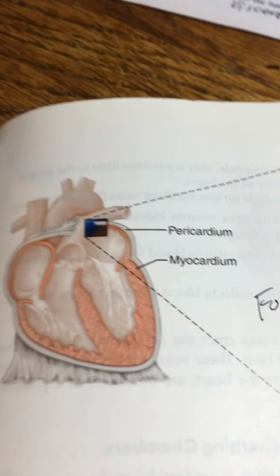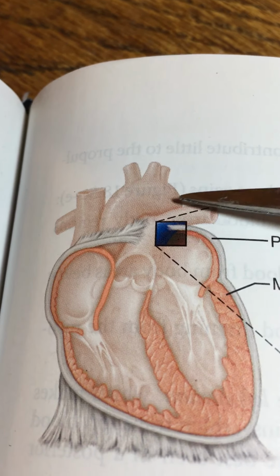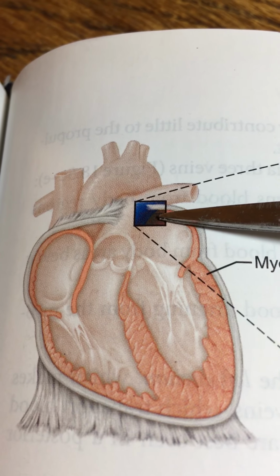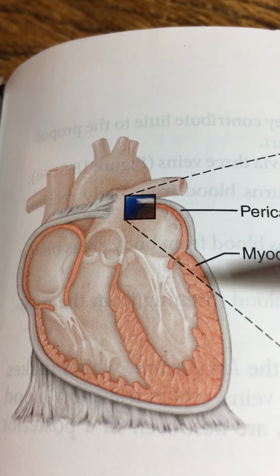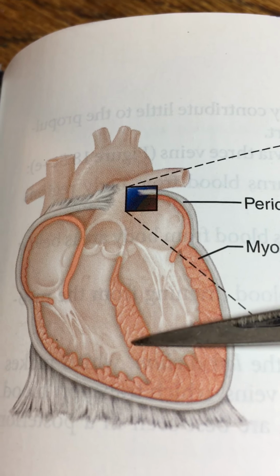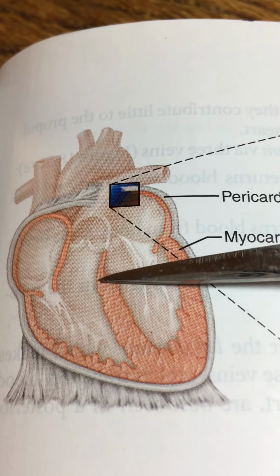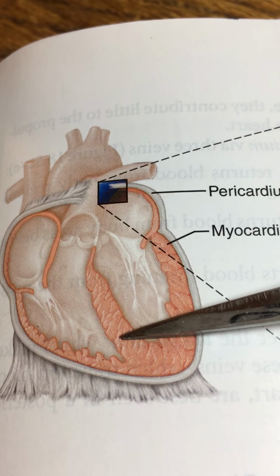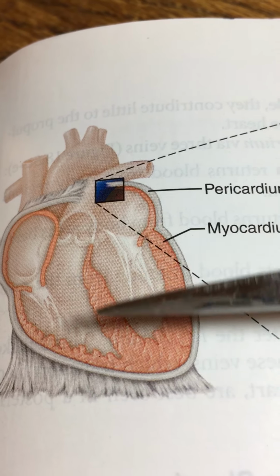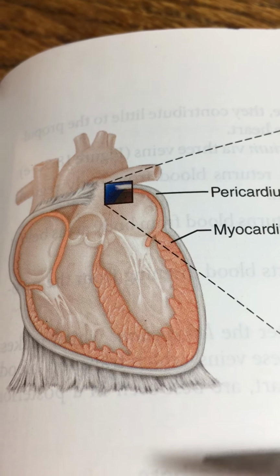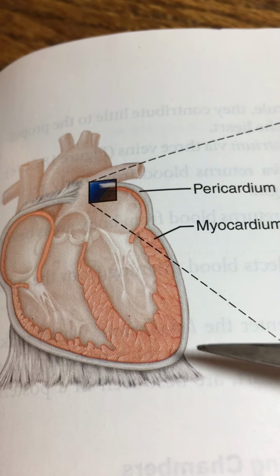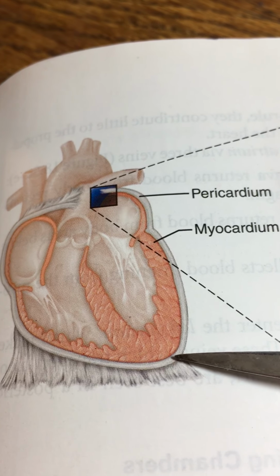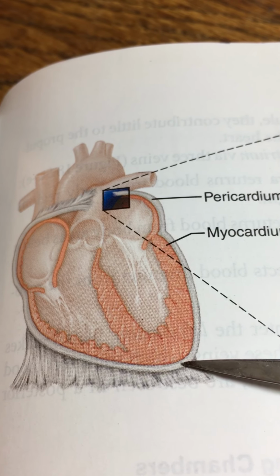Okay, we begin here at this particular view right here, which they're going to magnify. What's happening here is that the heart has grown up, and as it's grown through embryological and fetal development, it has basically closed a space, and that space is referred to as the pericardial sac.